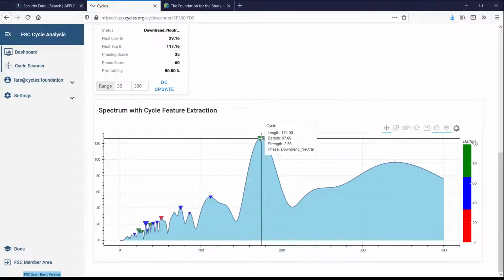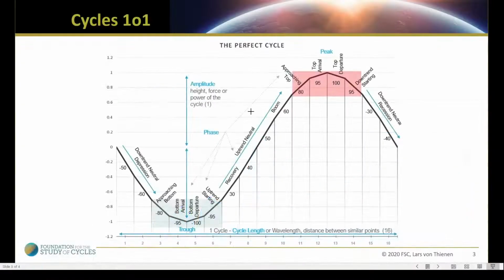Hope you can see it here where my mouse is and the text which is showing up. This phase is just the mathematical measurement, but it's now in an understandable written form. And this is exactly what I've shown here on the chart. Here you see the different wordings. So downtrend neutral is exactly where we are here on the left-hand side.